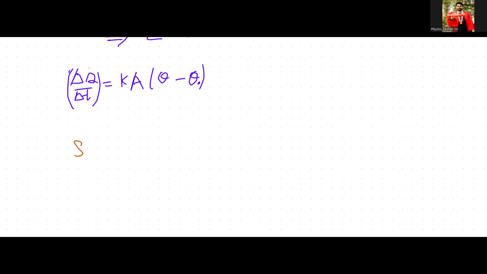K we don't know, A we don't know, but the temperature of the system just before the melting is 62, right? Not 62.5, it's just 62 minus the room temperature. They have already given the room temperature. I think it is 30. So this is the room temperature, that is 30.